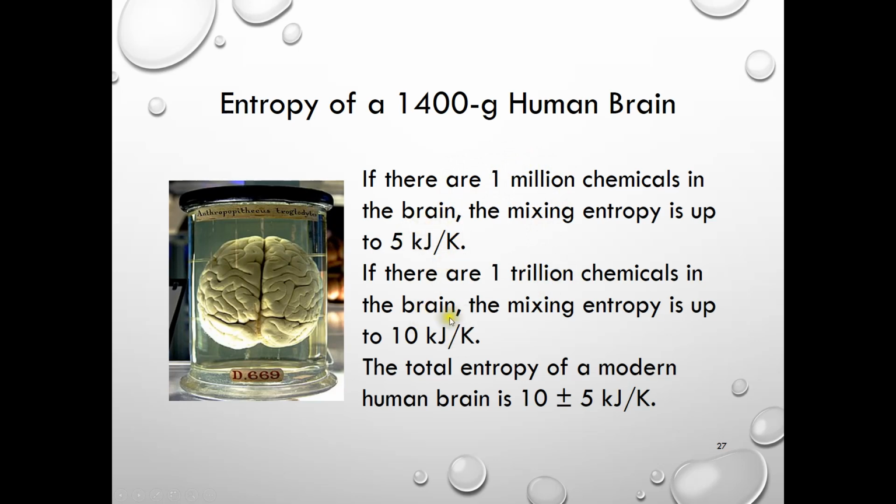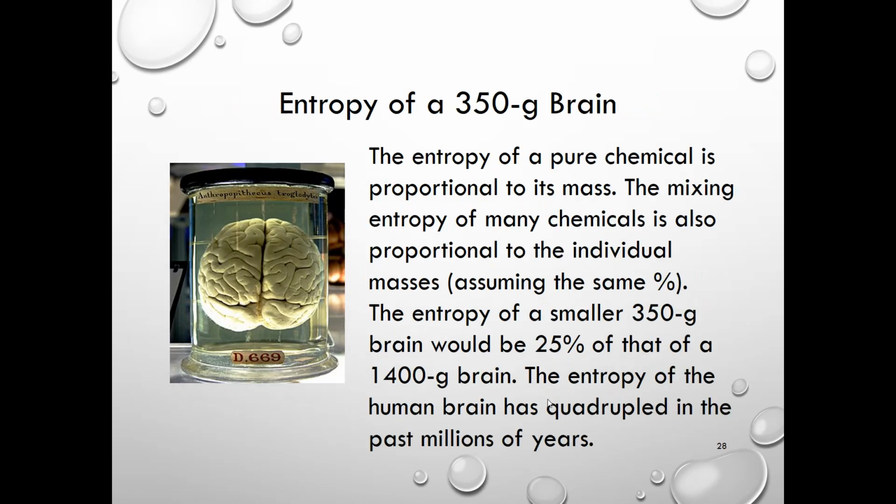Taking the mixing entropy into account, we know the total entropy of a modern human brain is 10 plus minus 5 kilojoule per Kelvin. What about a smaller brain? Well, the entropy of a pure chemical is proportional to the mass.